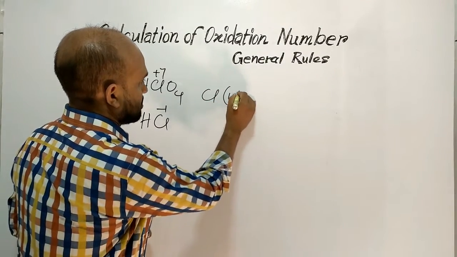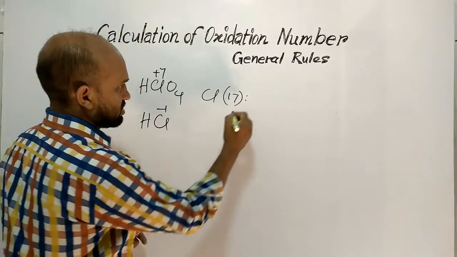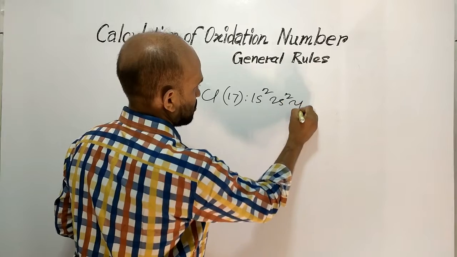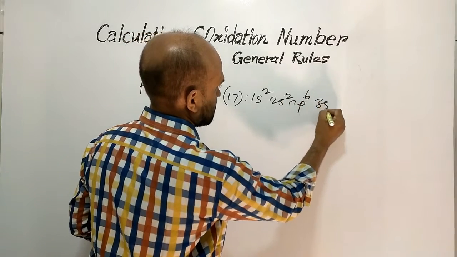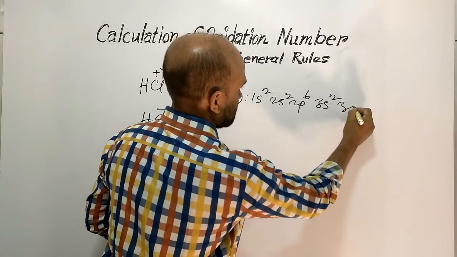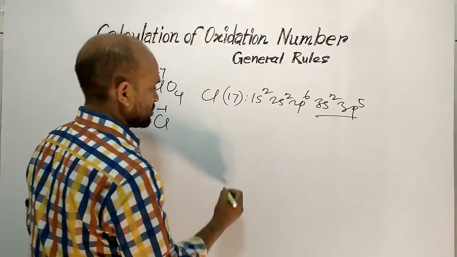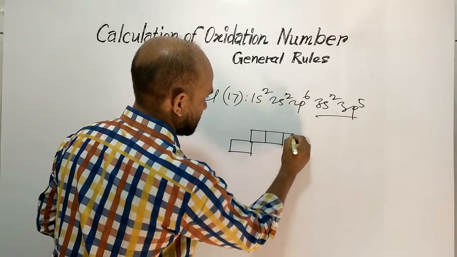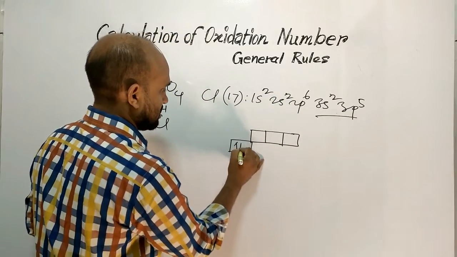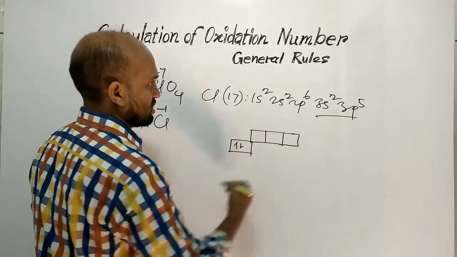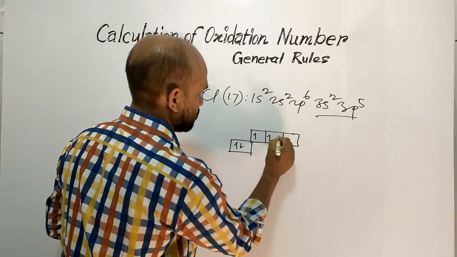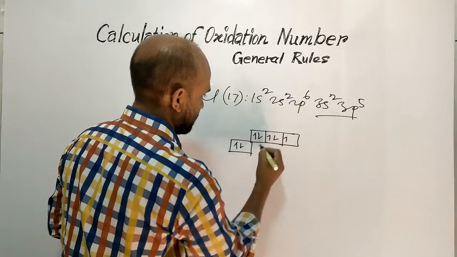Chlorine 17, electronic configuration is 1s2, 2s2, 2p6, 3s2, 3p5. The outermost electronic configuration is the 3s orbital and 3p orbitals. Here there are 2 electrons, and in p orbitals a total of 5 electrons, 1, 2, 3, 4, 5.